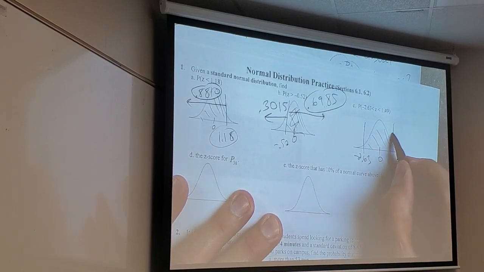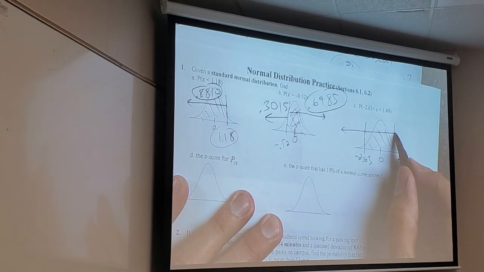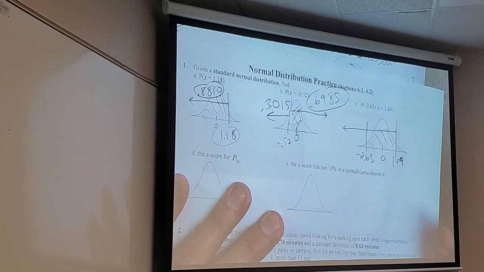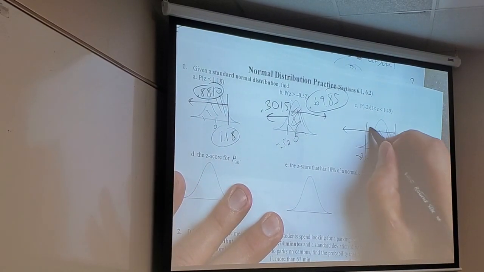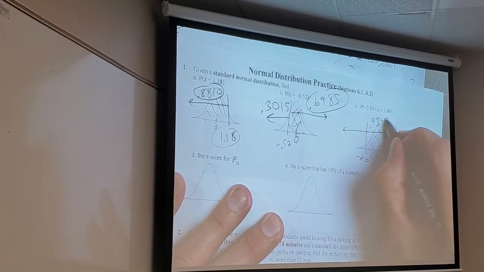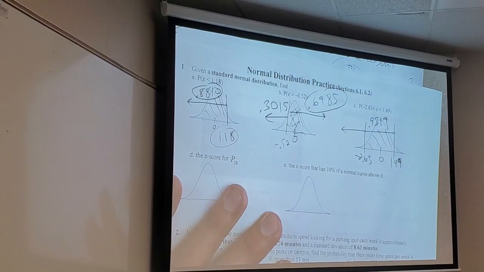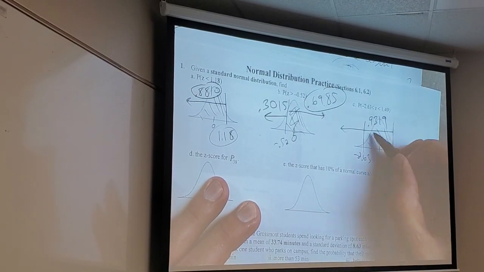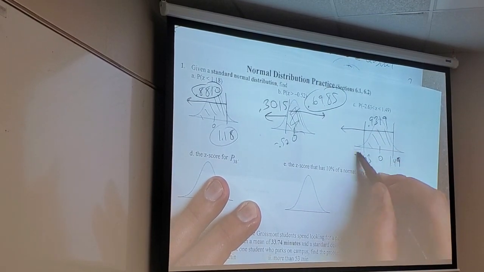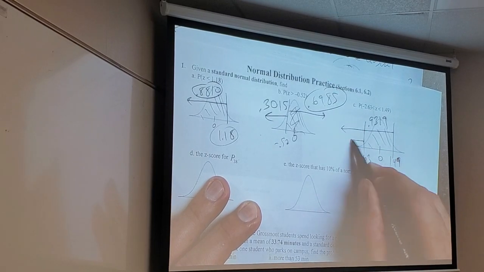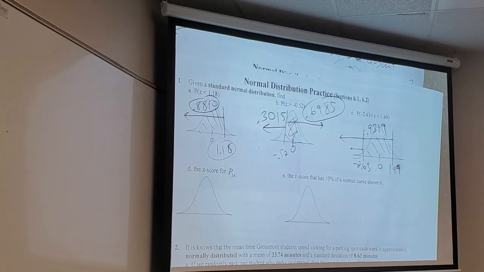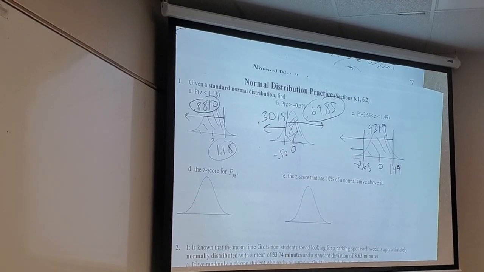But when I look up 1.49, it's the area below forever. So that's obviously too much, because I only want the area that's in here. And you got 0.9319, is that right? Okay. So exactly how much area is this too much? It's too much by this much. If I just find out what this area is and subtract it, I'll be left with the area I want. It's a beautifully physical, real-world idea.